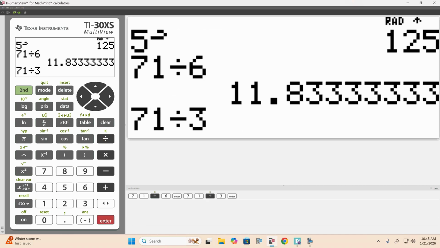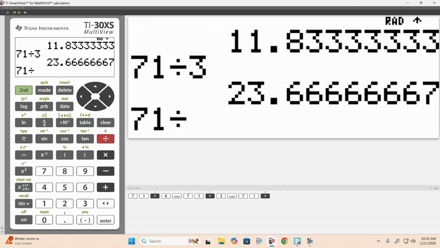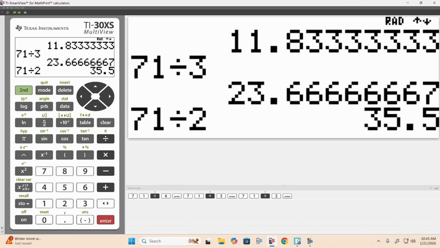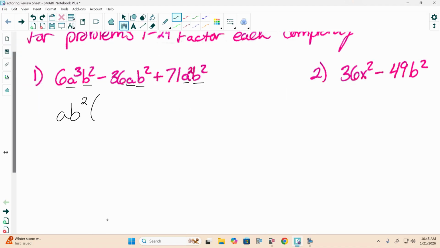Well, we can try 3 and 2. So there is no common number with 6, 36, and 71, because 71 is actually possibly prime. So the only thing we can factor out of these three terms is ab squared.